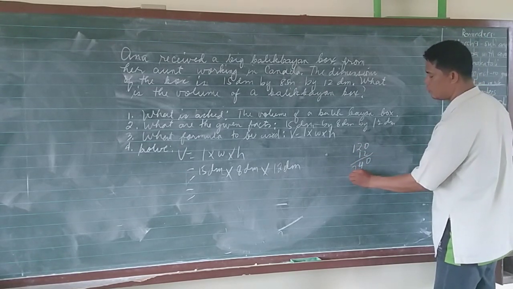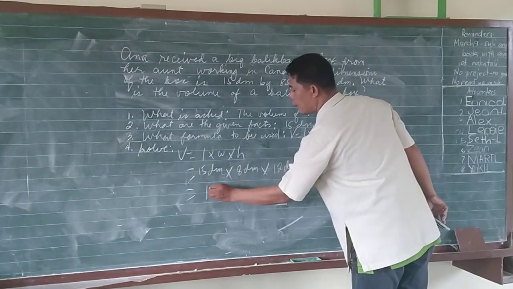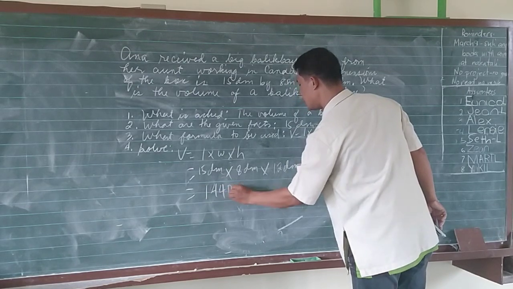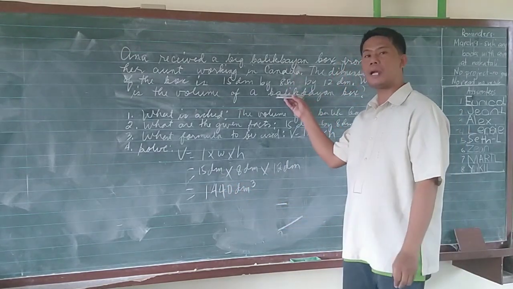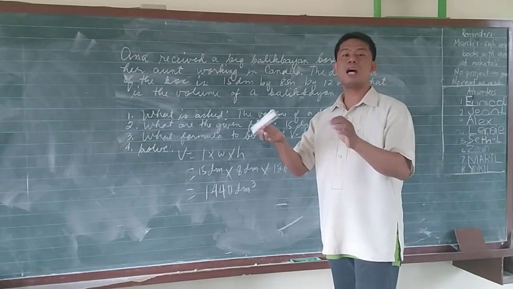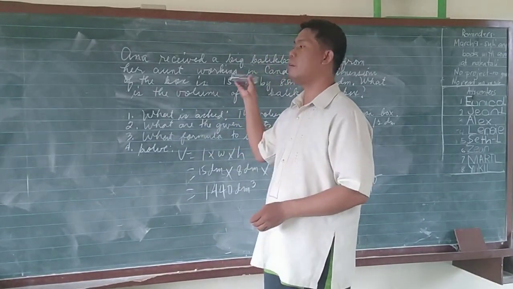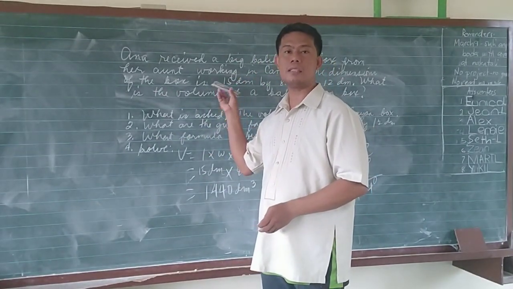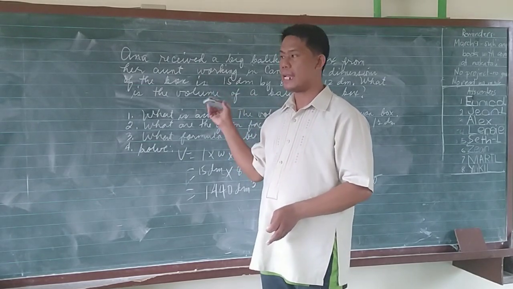We have 2, 1. So we have 4, 4, 1. So 1,440 cubic decimeter. So you have now your own problem. You have now your answer also. That is our lesson 2 this week. Creating a word problem with reasonable answer.